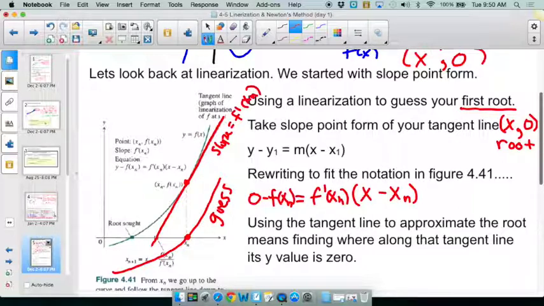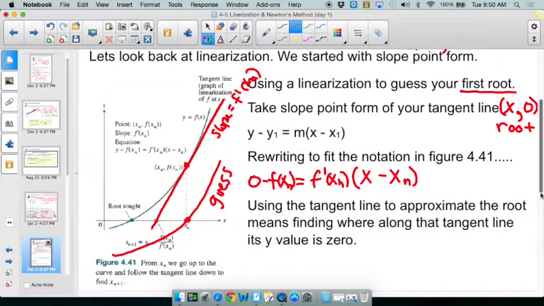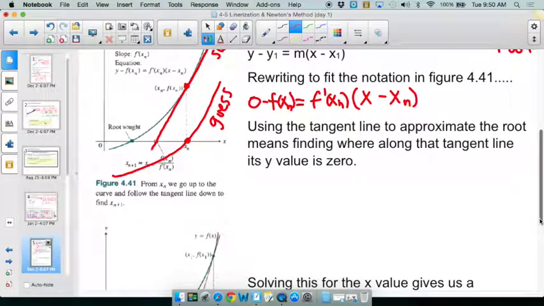Okay? And again, the notation is what's clunky here. But really what we're looking at is I have a location x. I can find the value of my function and my derivative there. And from that, I'm going to find a new n.